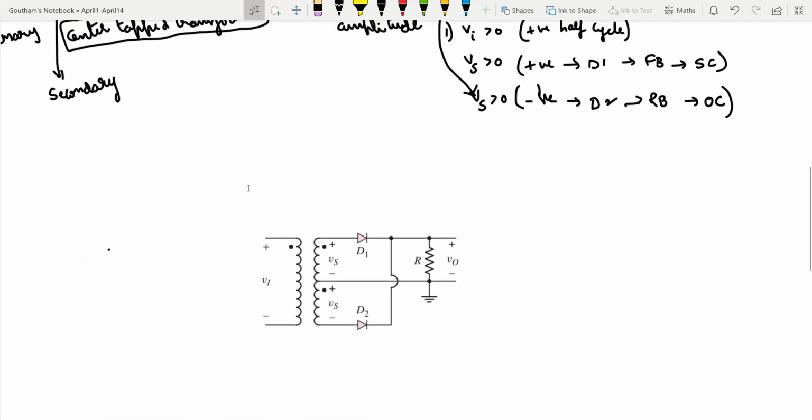Like I said, if this is vi, then because of the nature of the center tap transformer, this is vs and this is vs2. Now when vi is greater than 0, v naught is equal to vs. Now we go to the negative half cycle of the input, that is when vi is less than 0.